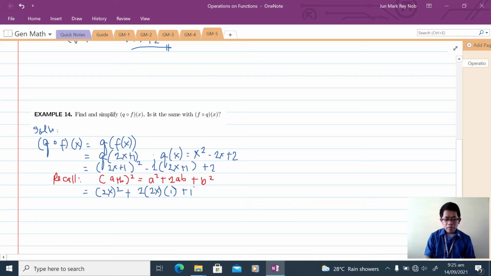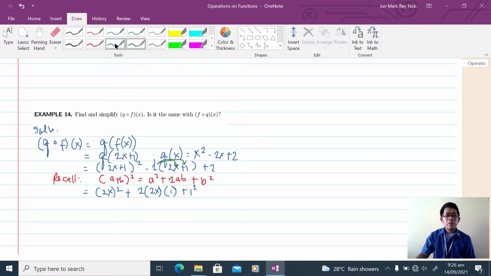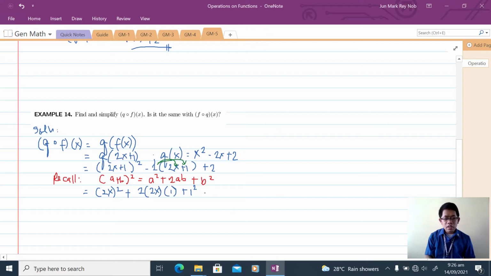Now, we will be distributing negative 2 to all of the terms, multiplying negative 2 to 2x and then negative 2 to 1. So we have negative 2 times 2x, that's negative 4x, and negative 2 times 1, that's negative 2, and we still have plus 2 right here.